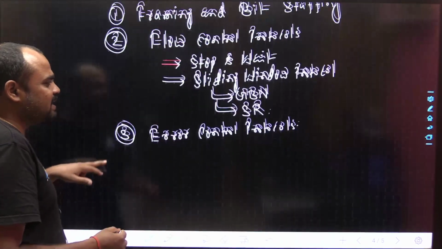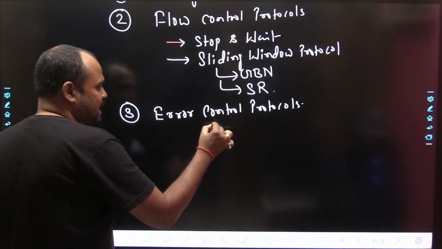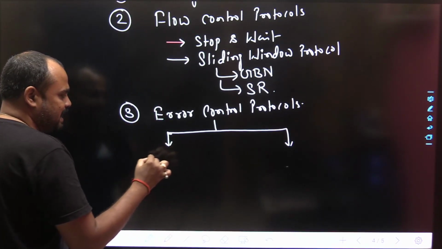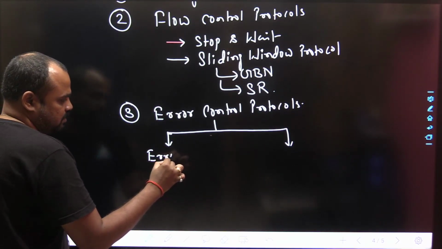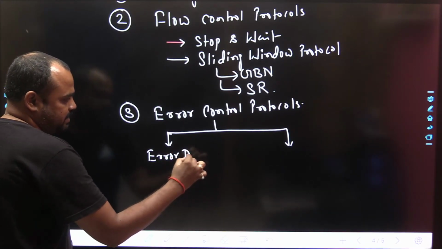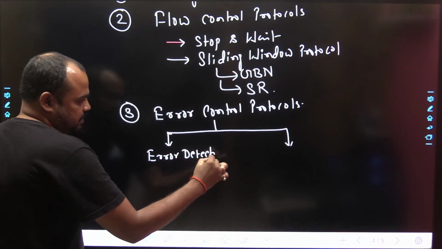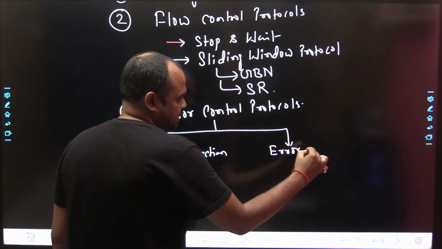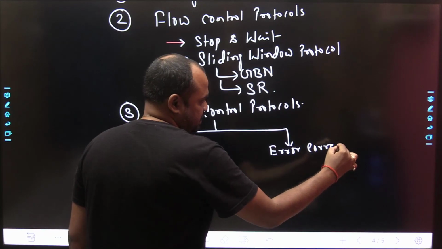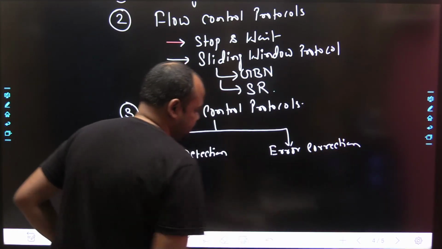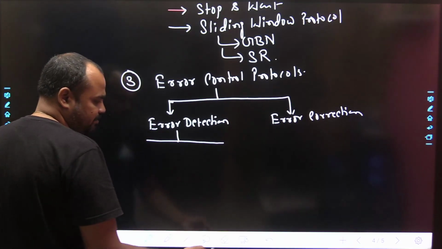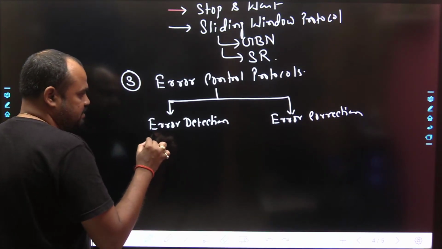So error control. Inside the error control protocol we have to study two things. One is the error detection, and the second one is the error correction. Inside the error detection, again we have to study many things.